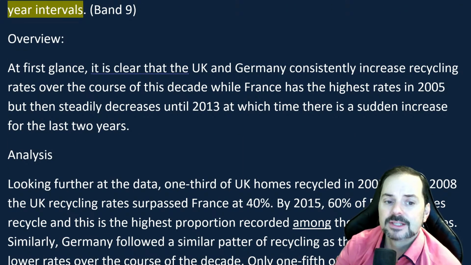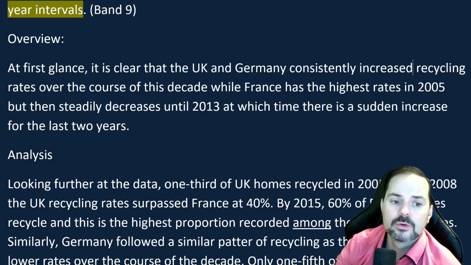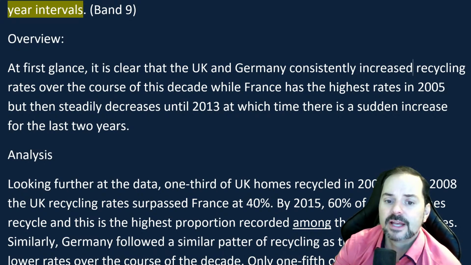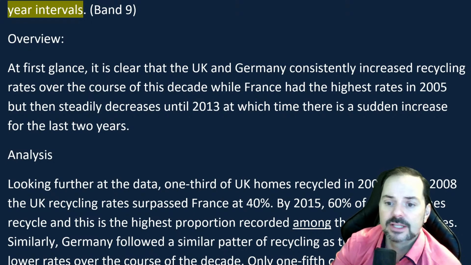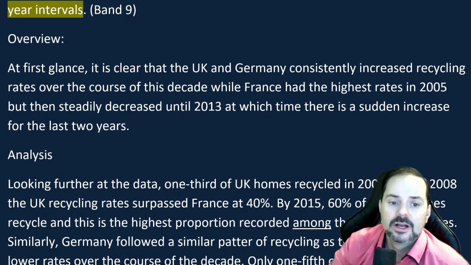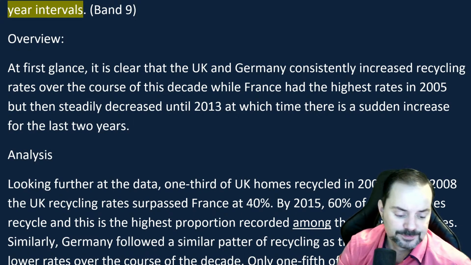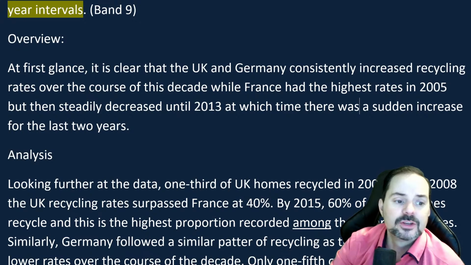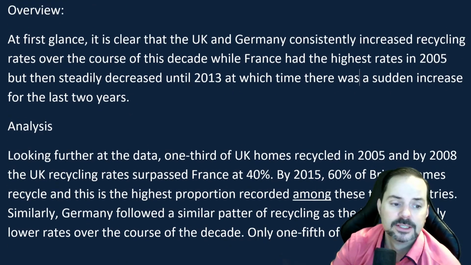At first glance, it is clear that the UK and Germany consistently increased recycling rates over the course of this decade, while France had the highest rates in 2005 and then steadily decreased until 2013, at which time there was a sudden increase. There was a sudden increase for the last 2 years. Make those corrections with the tenses.